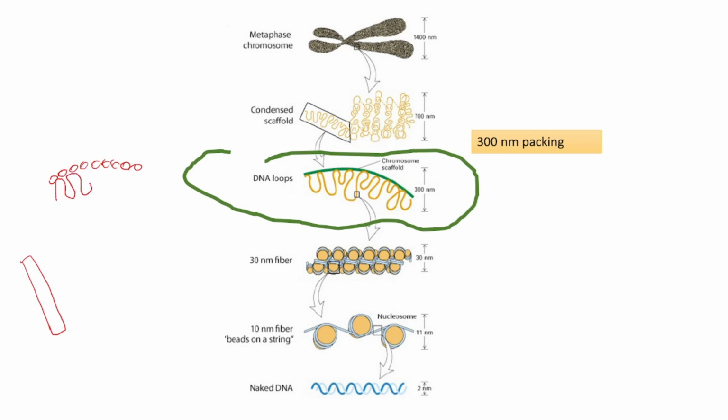Loops means this much. Looping over that chromosome scaffold increases the width. Now its width becomes 300 nanometer. Okay, clear? That is the next level.